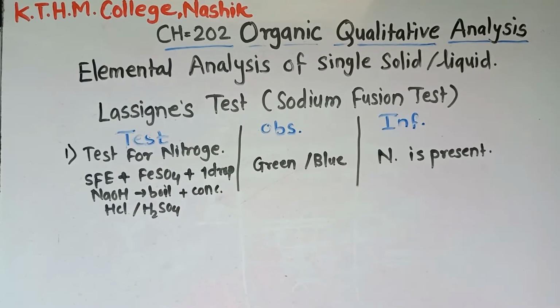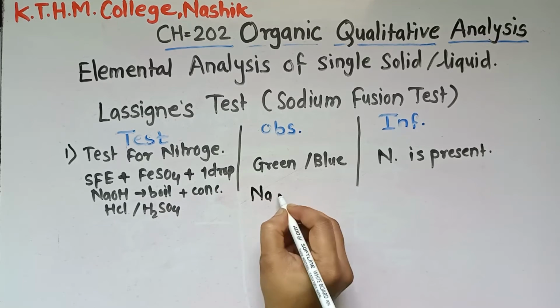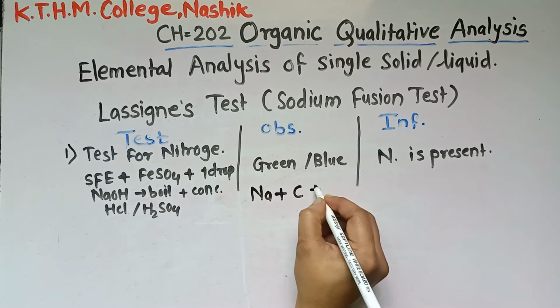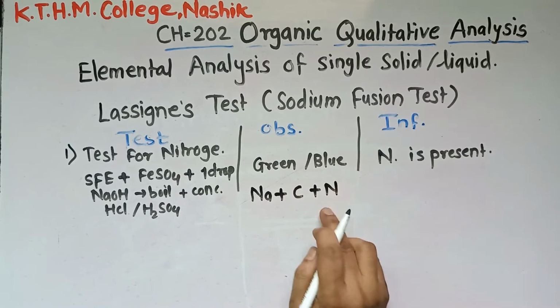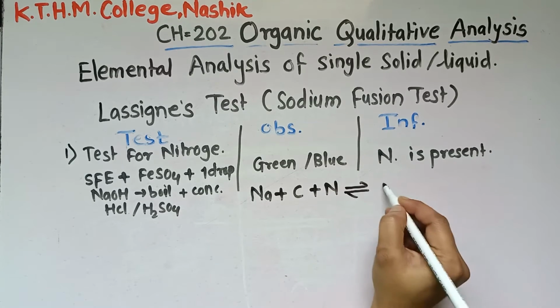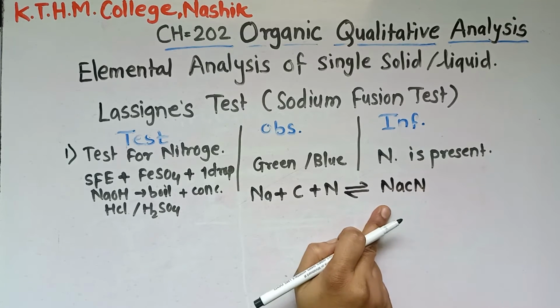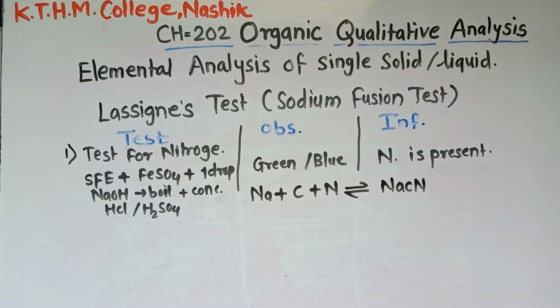Here we know that sodium reacts with carbon and nitrogen. If the compound contains nitrogen, it reacts and forms NaCN. This NaCN is nothing but Na+ and CN-.